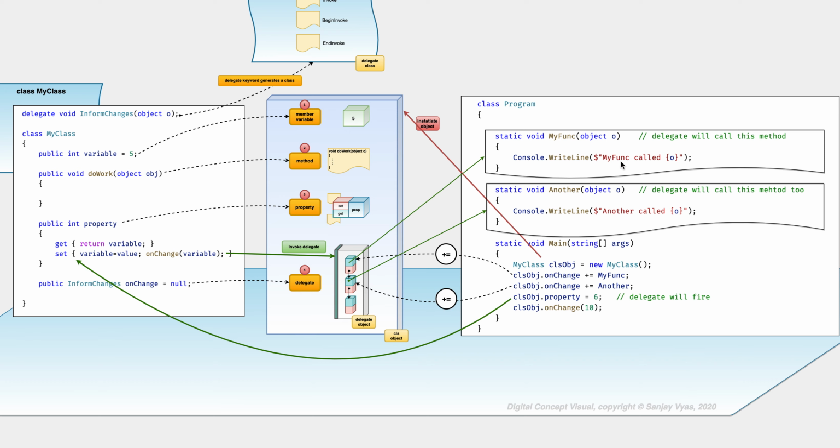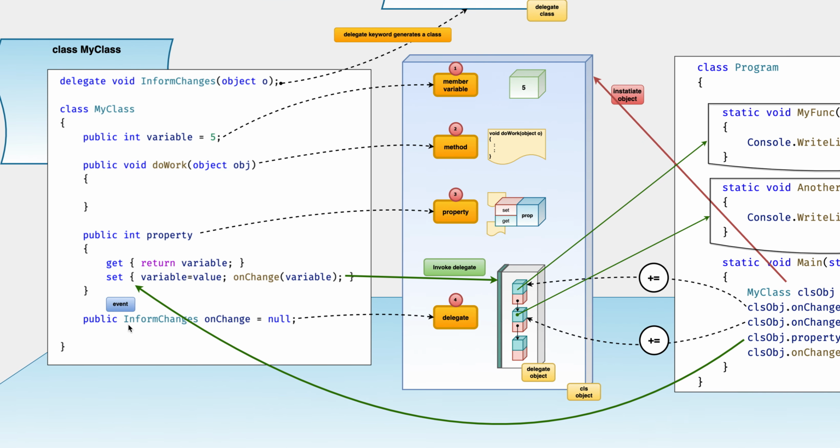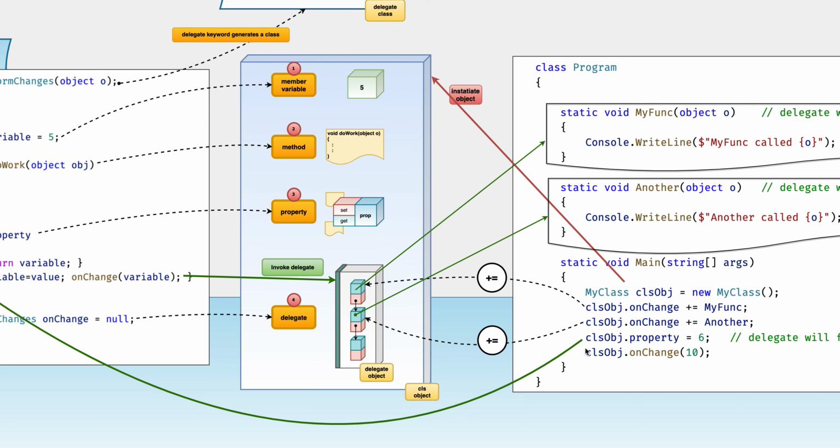Now you must be wondering, what is an event? Nothing much. The only thing that event does is when added in front of the delegate, like this. For example, if we say public event InformChanges rather than public InformChanges, it can no longer be fired from outside.